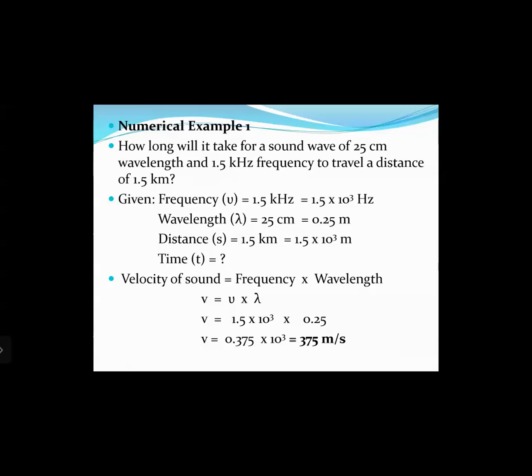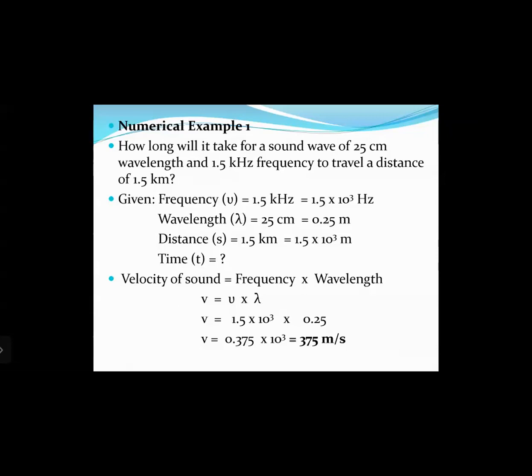How long will it take for a sound wave of 25 centimeter wavelength and 1.5 kilohertz frequency to travel a distance of 1.5 kilometers? So we have frequency nu as 1.5 kilohertz, that is 1.5 into 10 raised to 3 hertz. Wavelength lambda is 25 centimeters, which is 0.25 meters. Distance is 1.5 kilometers, which we have written as 1.5 into 10 raised to 3 meters. We calculate time. So velocity of sound is frequency into wavelength, that is v equals nu into lambda.